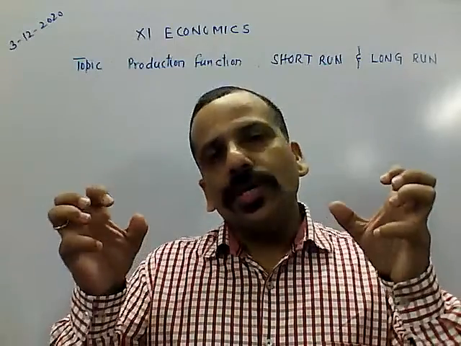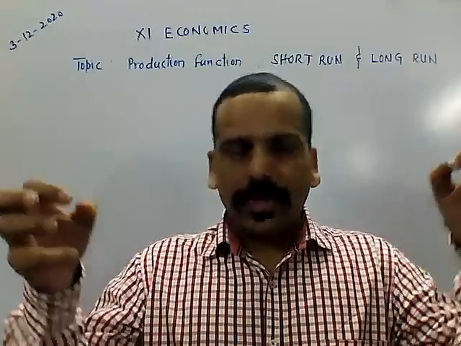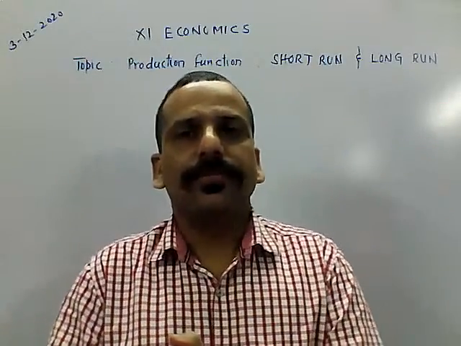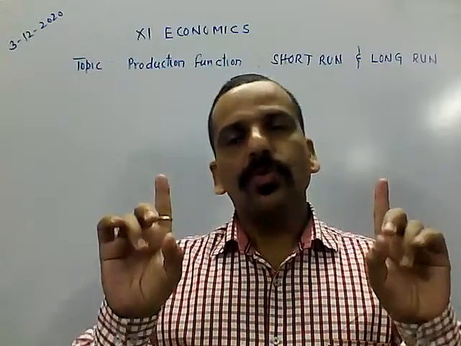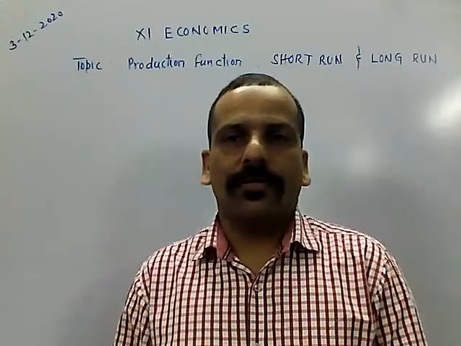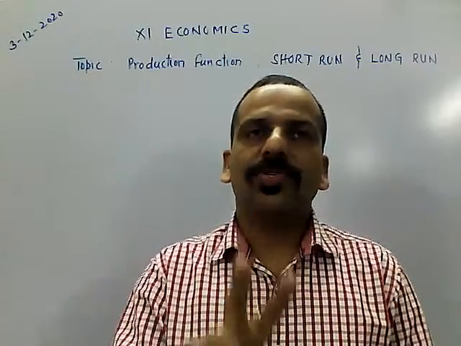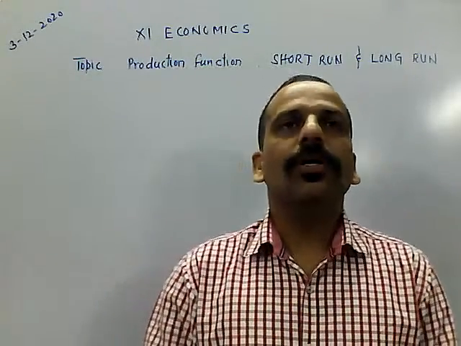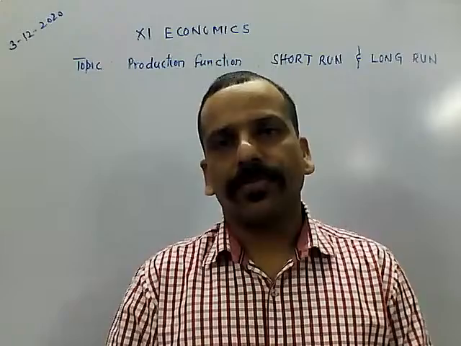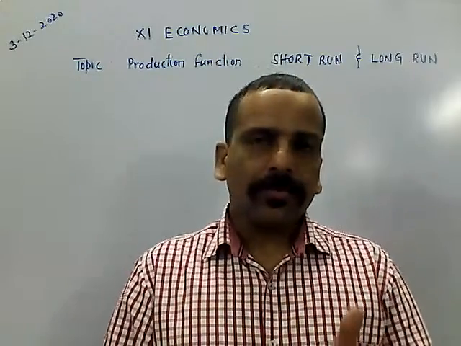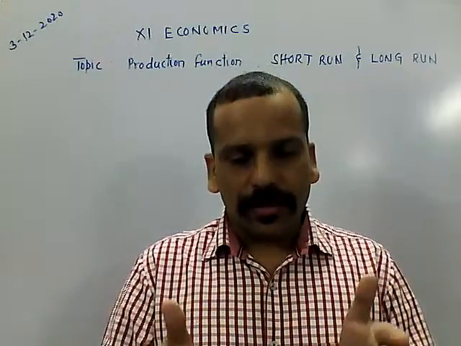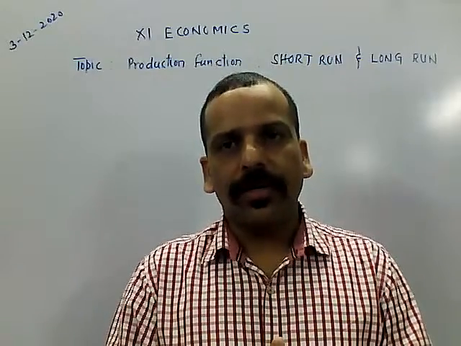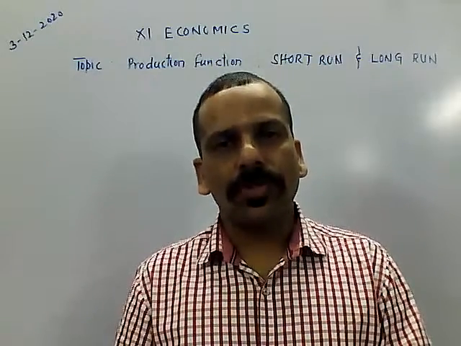We are using capital and labor here. In this chapter, we will discuss the use of labor and the use of capital. By the combination of these two, labor and capital, the raw material is converted into output.